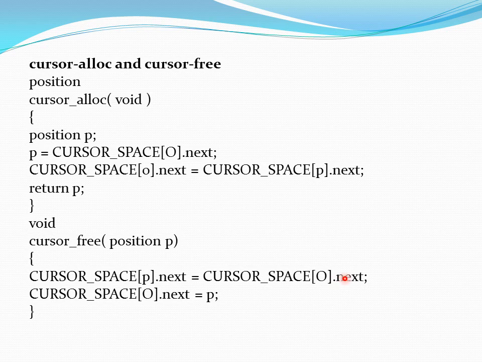Means first free cell address, sorry, index is stored in this position. Next, cursor space of 0 dot next equal to P. Here we are inserting the position in the free list. Free list always starts from 0 index.